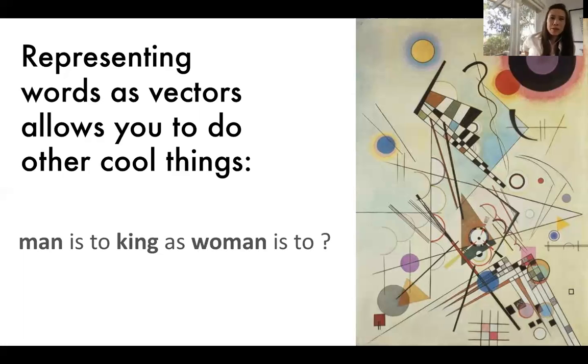One final bit of background I wanted to mention before I go on to the main paper is that representing words as vectors allows you to do a number of other cool things. In particular, one of the key reasons that the word2vec algorithm received so much attention was that it allows us to do vector-style operations to arrive at notions of what's known as analogical reasoning.